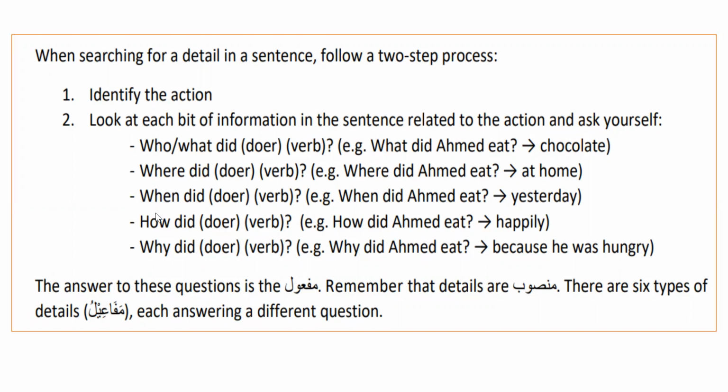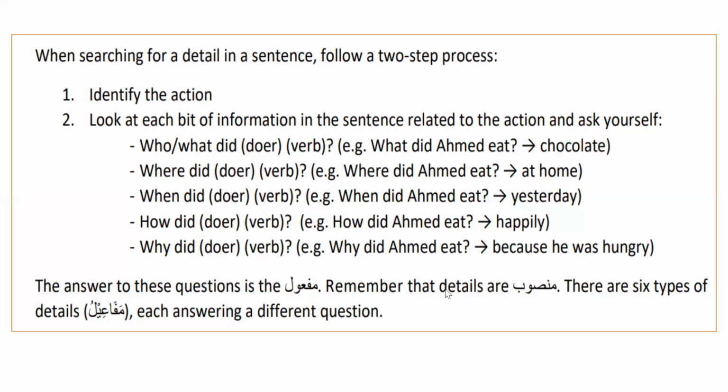That is maf'ul fihi. Then how did it happen? How did the action happen? So that is maf'ul mutlaq, or if that word is telling you the state of the doer or the state of the action, then that is maf'ul al-hal. And the last is why the action was done. So that is maf'ul lahu.